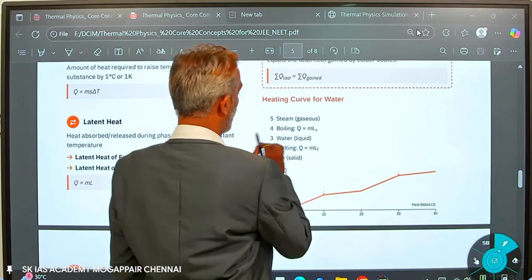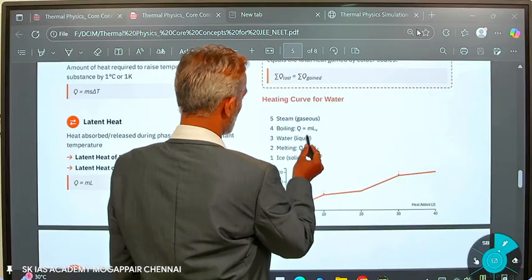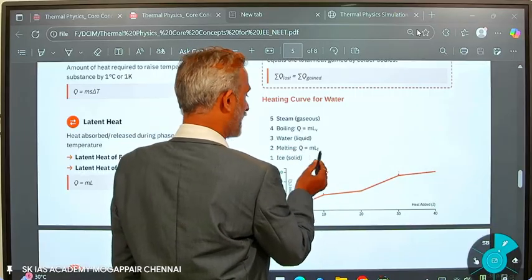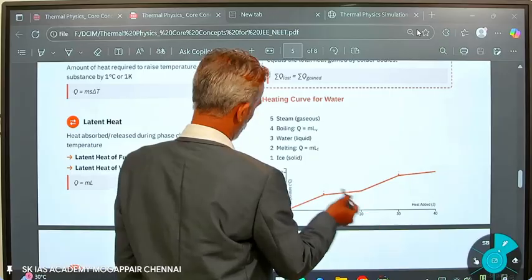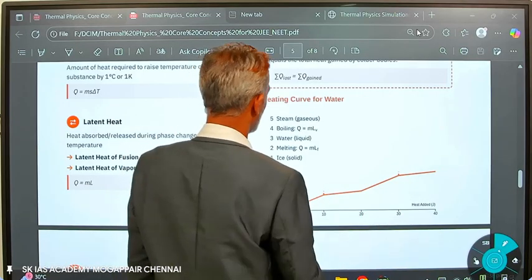Heating curve of water. Just I have drawn it. See, boiling water, liquid, melting, Q, ice, solid. When you increase the temperature, you will see everything.